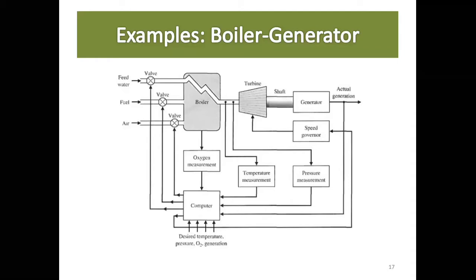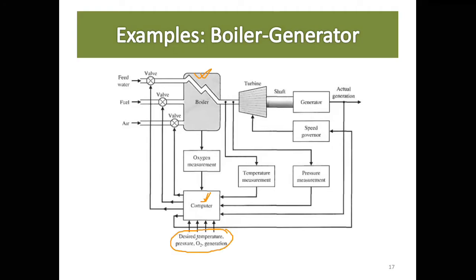Okay, another example is the boiler generator. Just look at what things we are giving. See, this is the boiler. Here is the computer. In the computer, we are giving these things: temperature, pressure, oxygen, and generation.